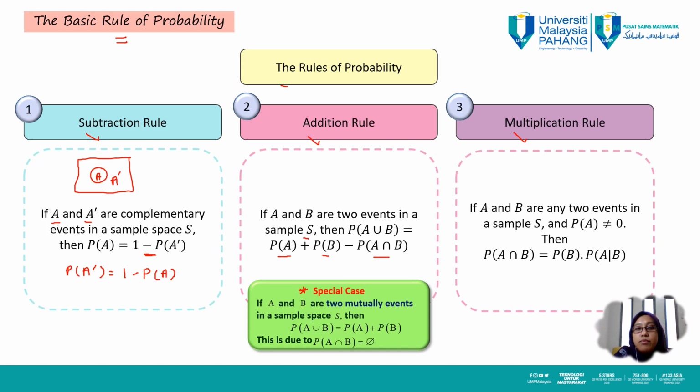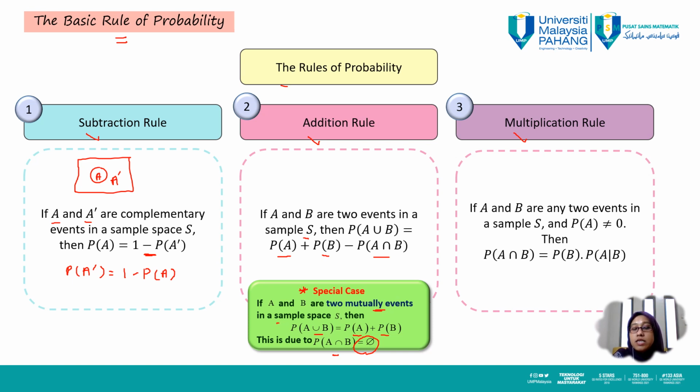Okay, if A and B are mutually exclusive, that means there is no intersection between A and B, in a sample space S, then probability A union B is equal to P(A) plus P(B) only. There is no A intersect B. Why? Because we already know mutually exclusive events don't have an intersection. That's why P(A intersect B) is equal to the null set. So the formula is P(A union B) is equal to P(A) plus P(B) only.